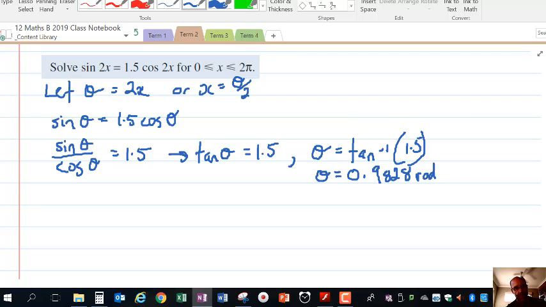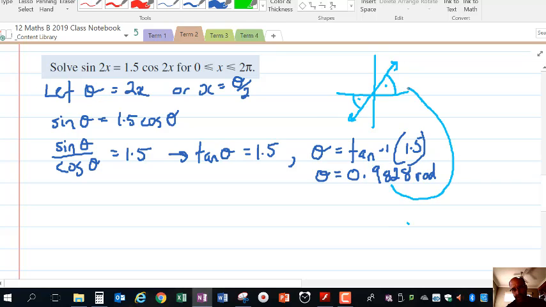Alright, so if we put in a sketch, I always recommend a quick sketch of the unit circle, and it helps justify your work too. So tan is positive in quadrant 1 and quadrant 3, so these are the positions of the angle 0.9828 radians there, and also there.